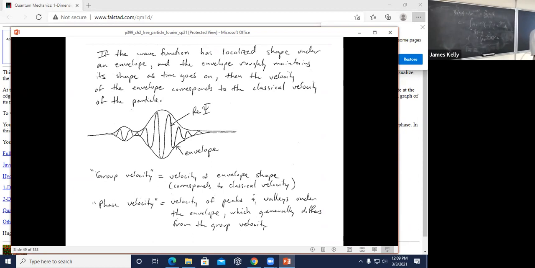Most of the time, when you have some initial shape at some particular time, chances are the probability is not going to move with any sensible velocity. You're going to find that it just goes up and down crazy all over the place, kind of like we just saw in that harmonic oscillator example.